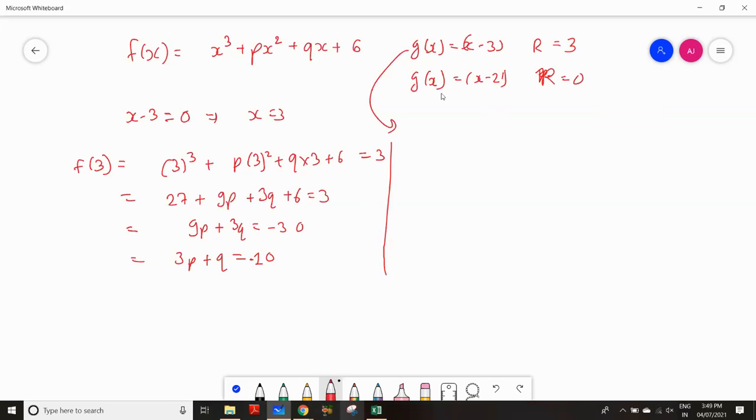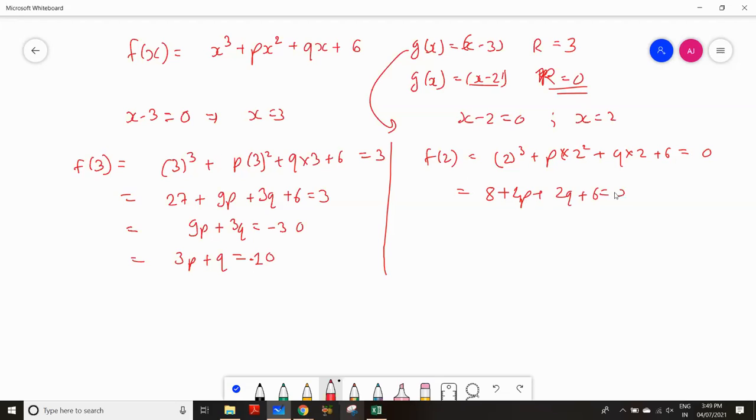Now when you put the second divisor equal to 0, that is x minus 2 equal to 0, you will get x equal to 2. Now when you find f(2), it becomes 2 cube plus p into 2 square plus q into 2 plus 6. In this case the remainder is 0, so we equate it with 0. It becomes 8 plus 4p plus 2q plus 6 equal to 0.